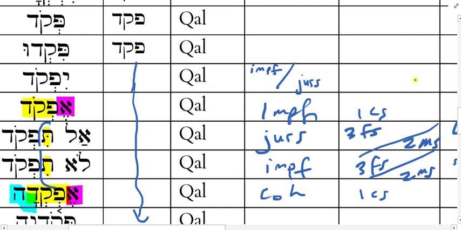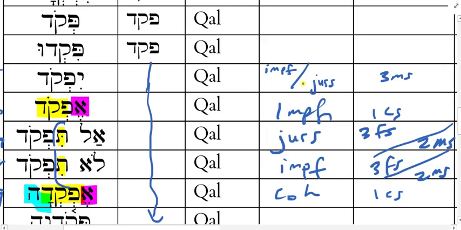And they're both going to be 3MS even if I pick one of these or the other. Yeah, the context is going to be what helps you distinguish these two then, since the form is the same. Now, when you're telling somebody what not to do, the al versus the lo will always enable you to know the difference. But when you're being positive, you can't tell the difference. So you positively can't tell.